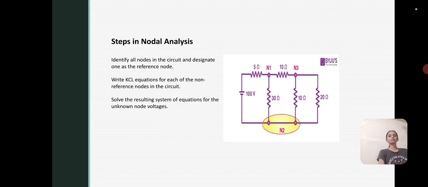Then the steps to calculate the nodal analysis. First, we have to identify how many nodes are there in the circuit, and we have to designate one of them as a reference node. Here we have three nodes, N1, N2 and N3.